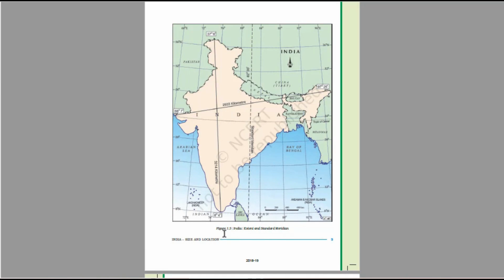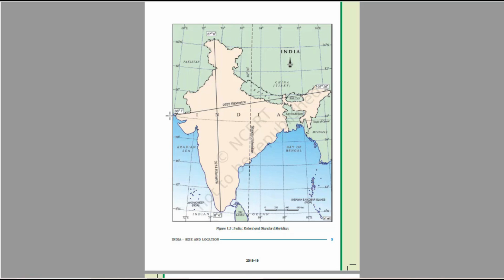Let us consider figure 1.3. As we can see, latitude is 8 degree 4 minutes north. Latitude means from here to here, and 37 degree 6 minutes north, and longitude means from here to this side.